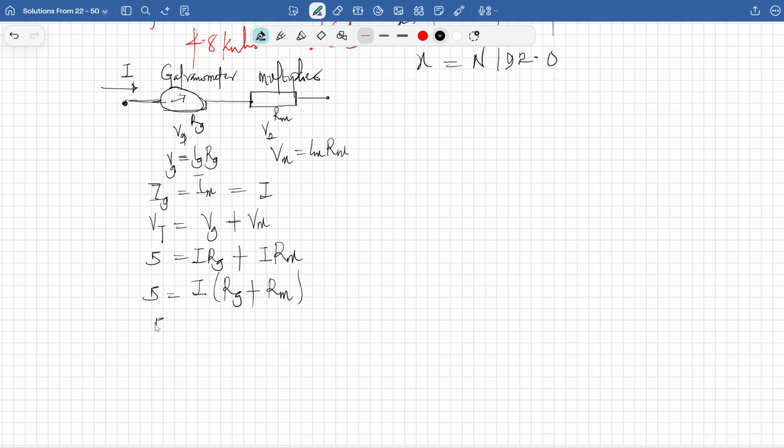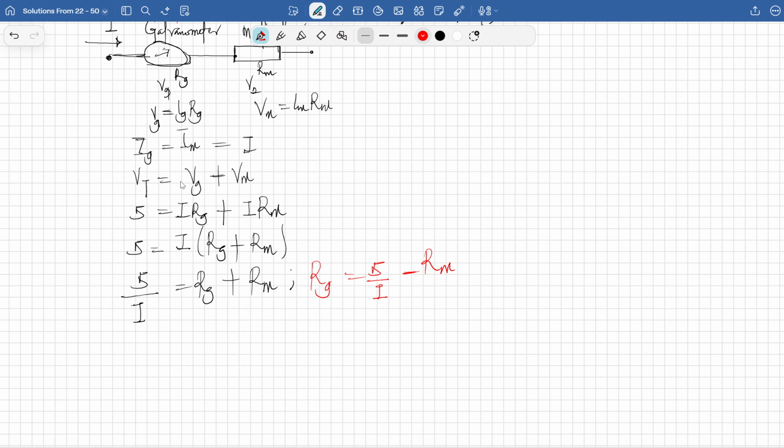So from here, I can say that 5 divided by the given flowing current equals Rg plus Rm, from which you can arrive that Rg, the resistance of the galvanometer that we're looking for, equals 5 divided by the given flowing current minus the resistance of the multiplier that is connected in series.